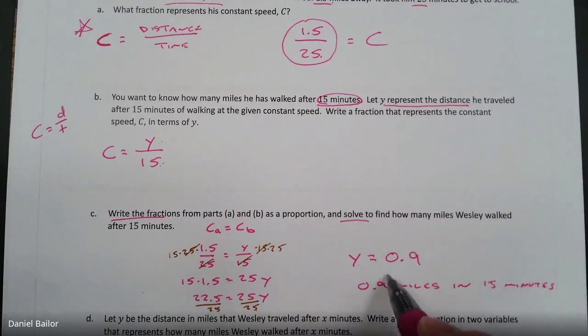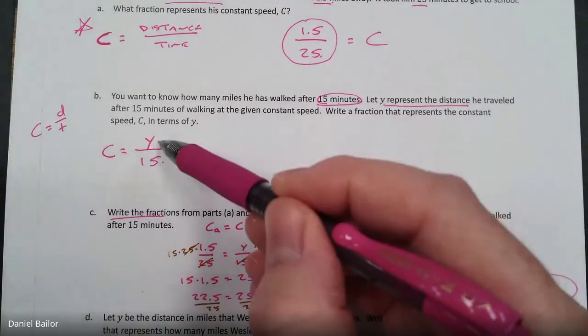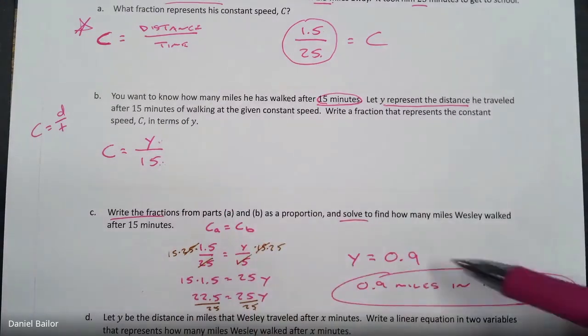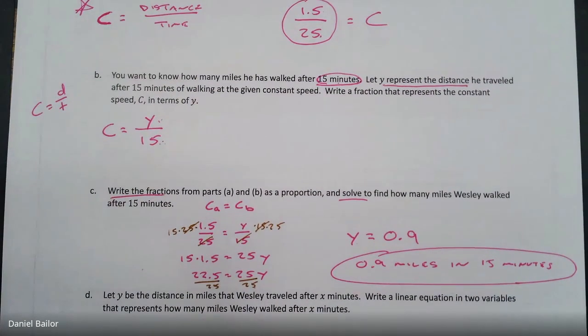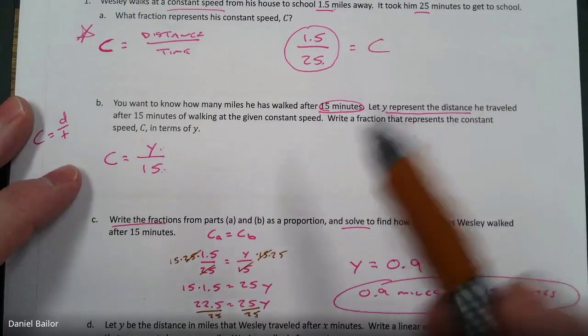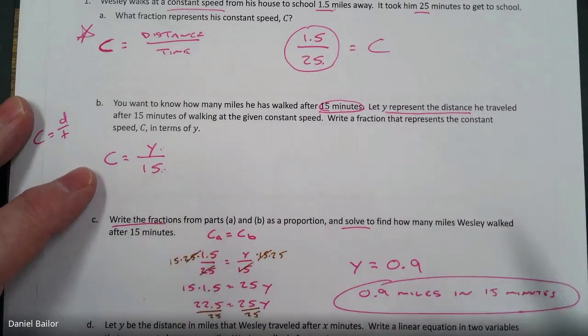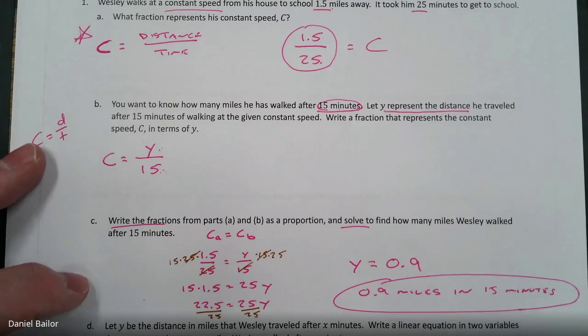Remember, in part B, it was y miles in 15 minutes. Now we know y is 0.9, so we know he goes 0.9 miles in 15 minutes. So that's the solution. Now we know this is Wesley's average speed. This is Wesley's speed for 15 minutes. We put them equal, and we found out how far he goes in 15 minutes.